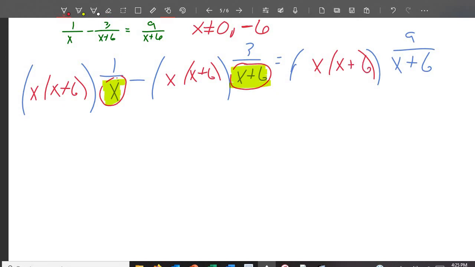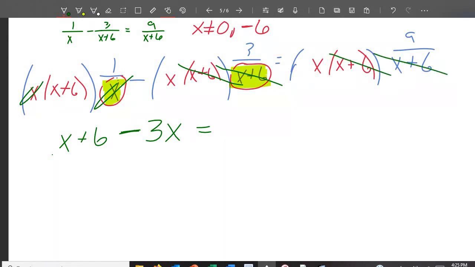Alright, we'll do this in green. This X takes out this single X, and we're left with an X plus 6. We got a minus sign. This X plus 6 takes out that X plus 6, and we're left with a 3X. This X plus 6 takes out this X plus 6, and we're left with a 9X.